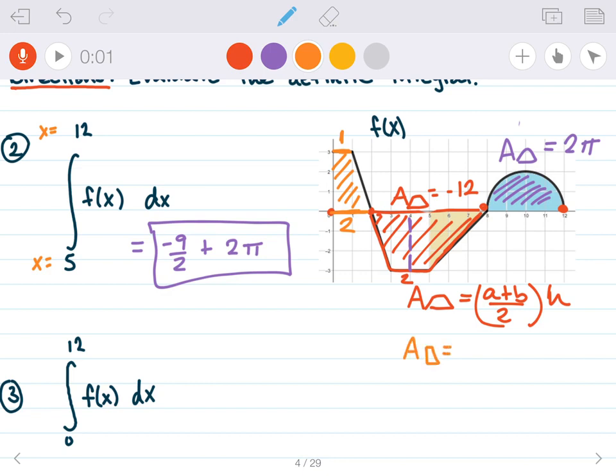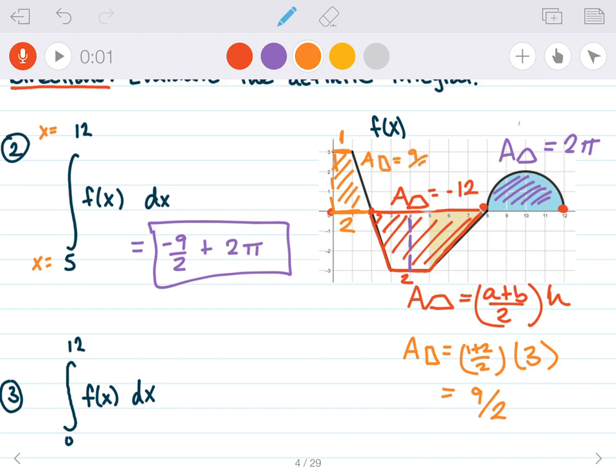The height is 1, 2, 3, so the height is 3. So this is going to give me 9 over 2, and it's positive because it's above the x-axis. So the area of this is 9 over 2.